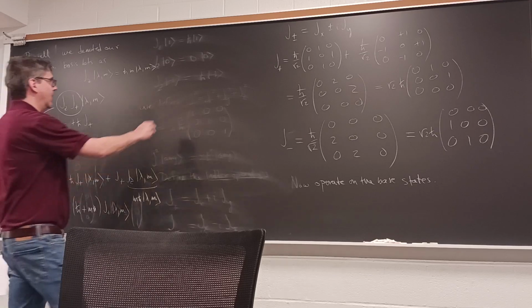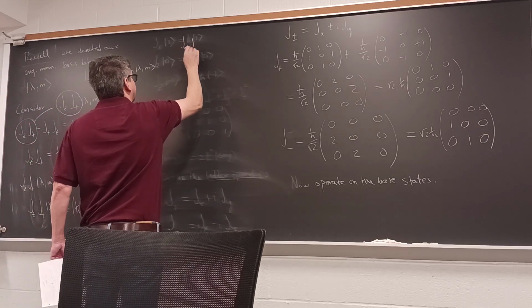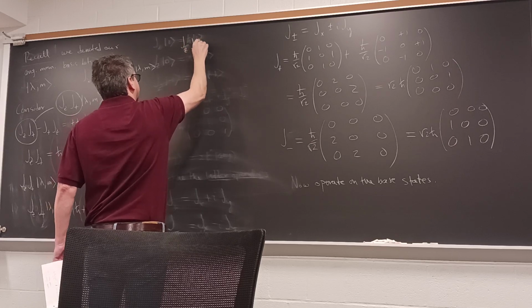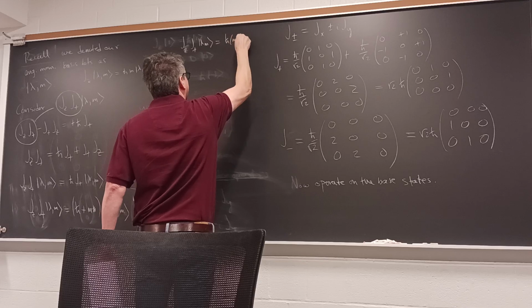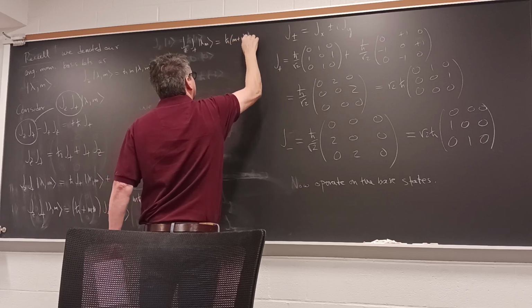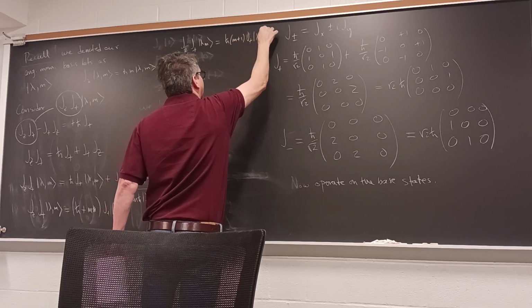Okay, so to summarize that, we have jz j plus lambda m is h bar m plus 1 j plus lambda m.